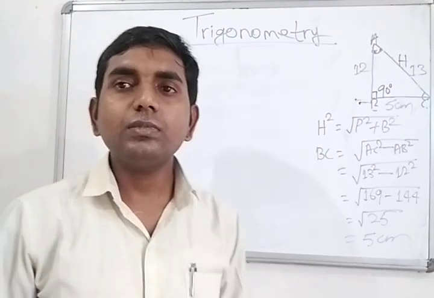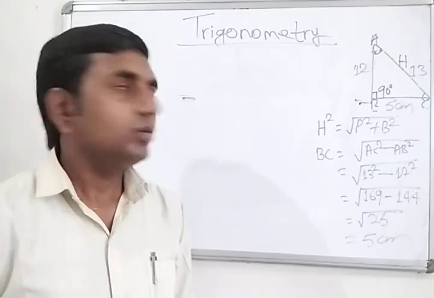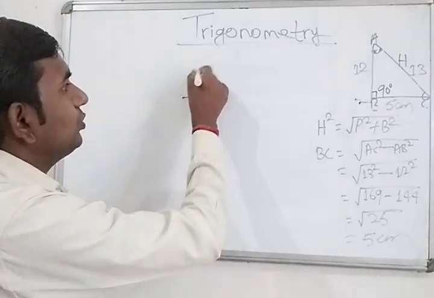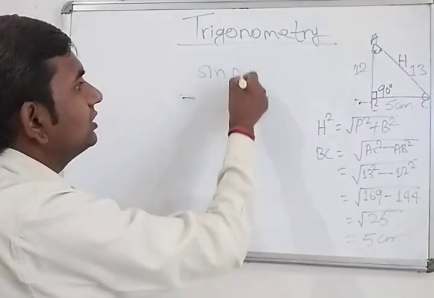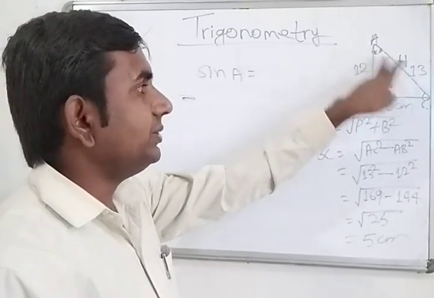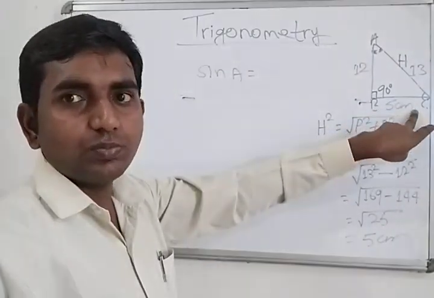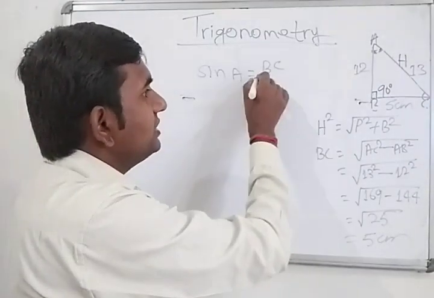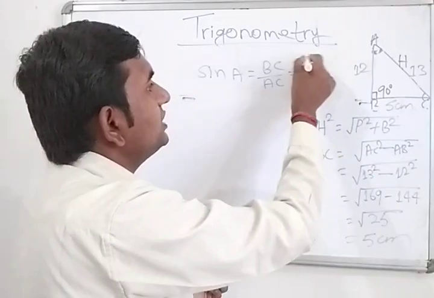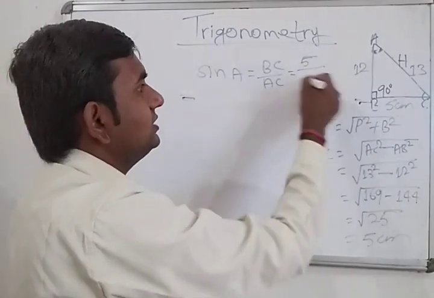Okay, now if we want to find sin theta and cos theta for different angles, suppose you want to find sin A. Then in case of A, this side BC becomes the perpendicular, so we have BC by AC. BC is 5 centimeters and AC is 13 centimeters.